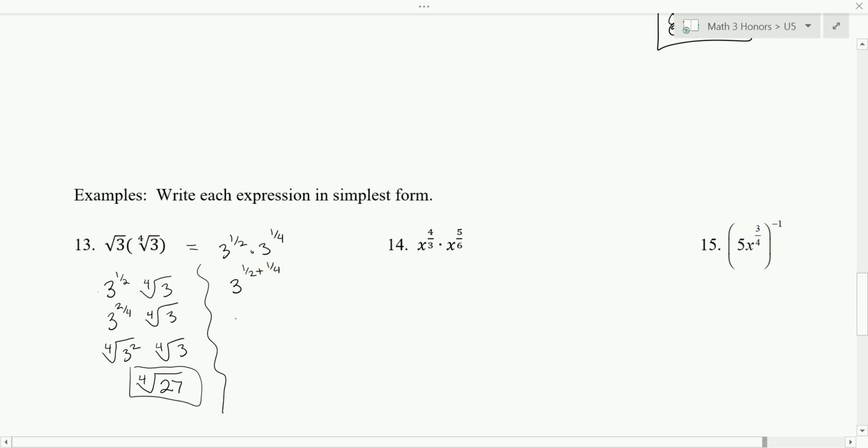You'll end up with 3 to the 3/4. And you can stop there as an answer. If you want to see the relationship between these two, you can even rewrite this as 3 cubed to the 1/4, which would be 27 to the 1/4. So all three of those would be acceptable answers. Okay.